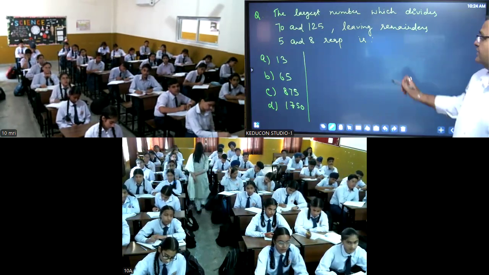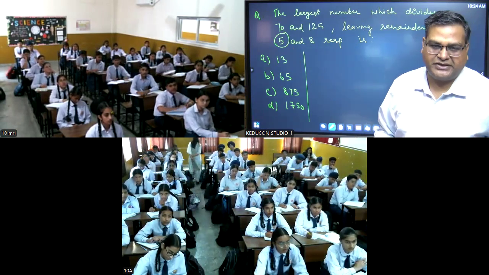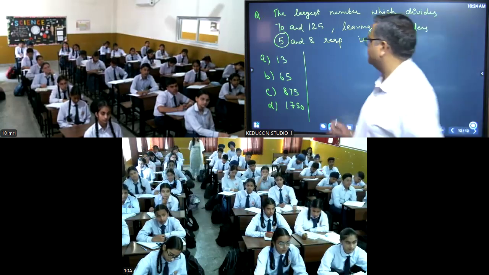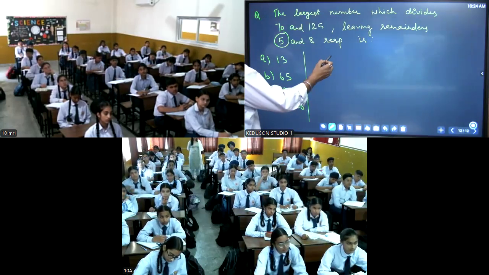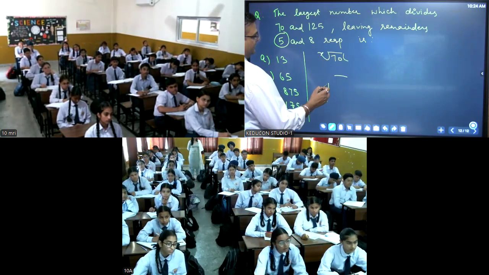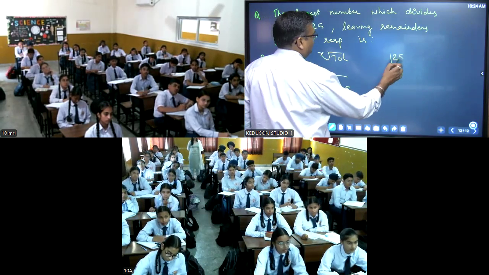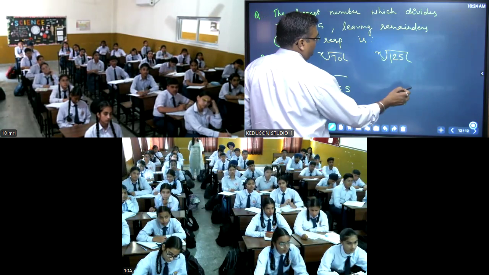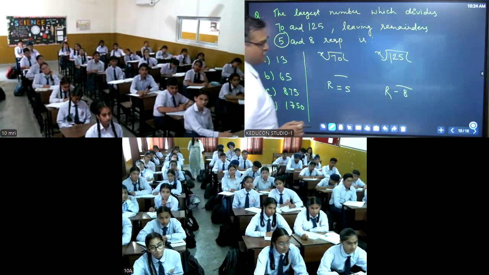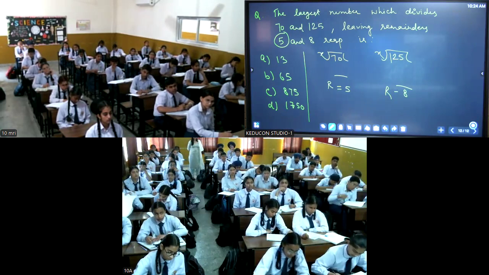But remainder is 5. What is the meaning of this? Take any number x. When you divide 70 by x, the remainder is 5, and when you divide 125 by the same number, the remainder is 8. You have to find this x. Have you understood the question?